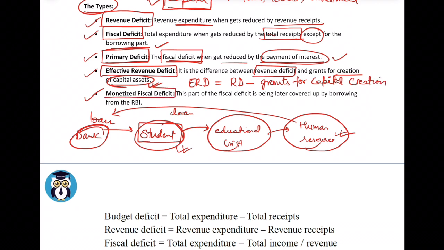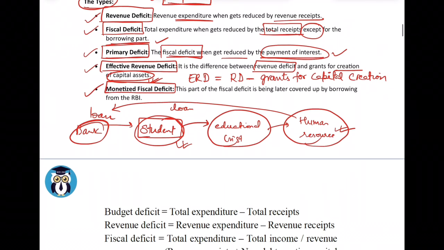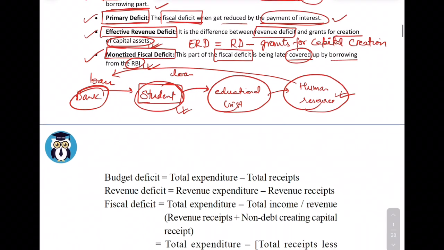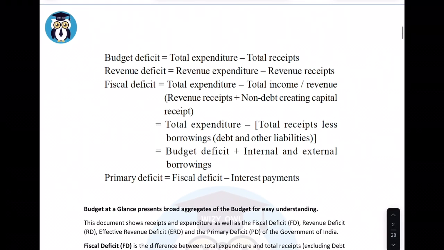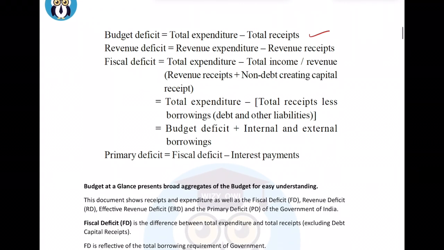And the monetized deficit is nothing but when the fiscal deficit is later covered through borrowing from the RBI. It is the monetized fiscal deficit. So budget deficit, as we have already discussed, is total expenditure minus total receipts. Revenue deficit is revenue expenditure minus revenue receipts. Fiscal deficit is total expenditure minus total income.